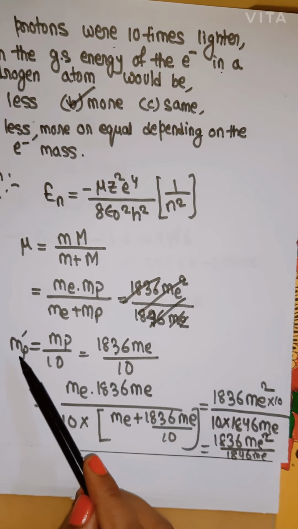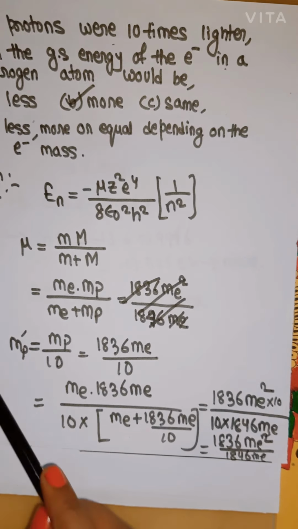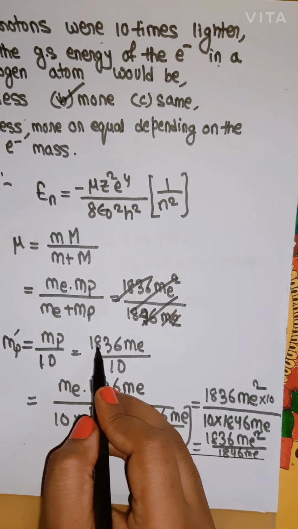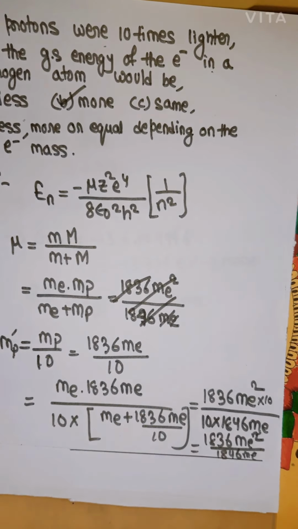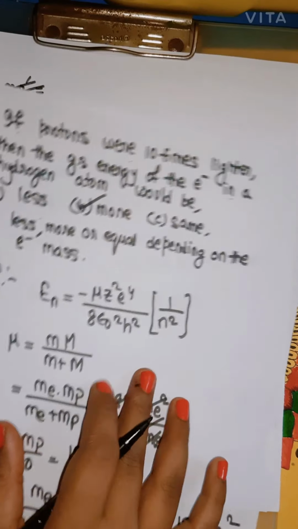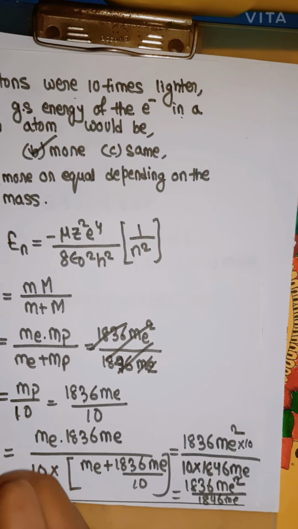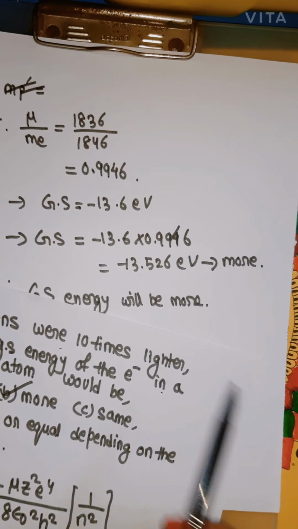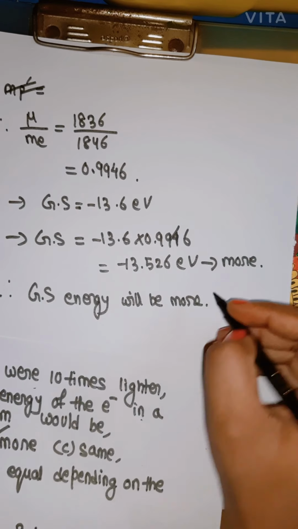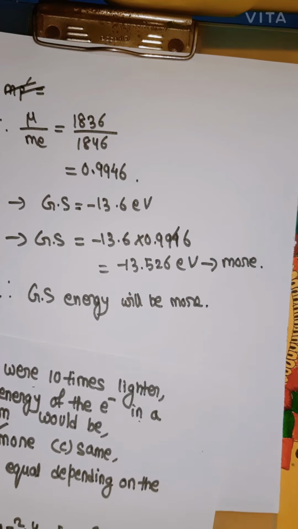Here the mass of the proton is 10 times lighter than the normal mass of the proton, which we take as 1836 times the mass of the electron. So we only calculated the reduced mass, and from here we can get the ground state energy for both the cases, and we can come to the conclusion whether the ground state energy is more or less.